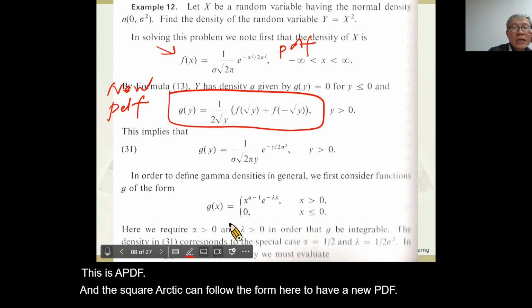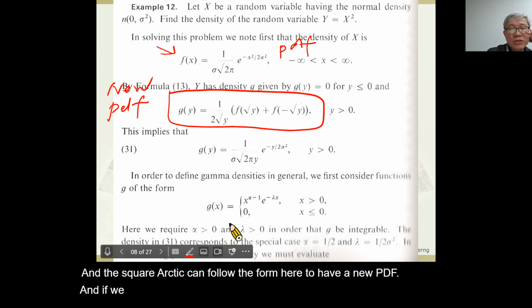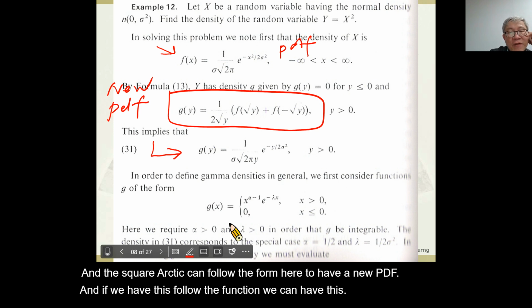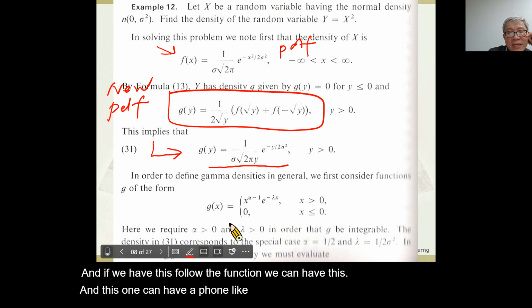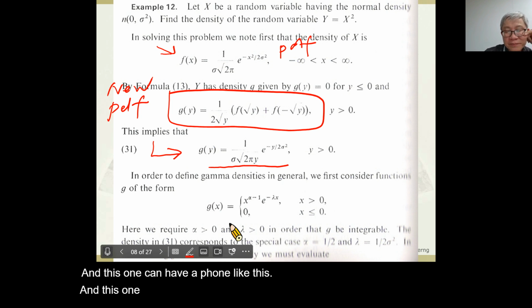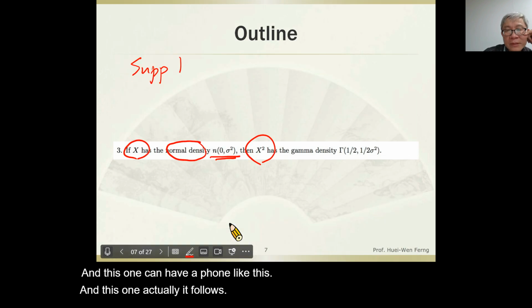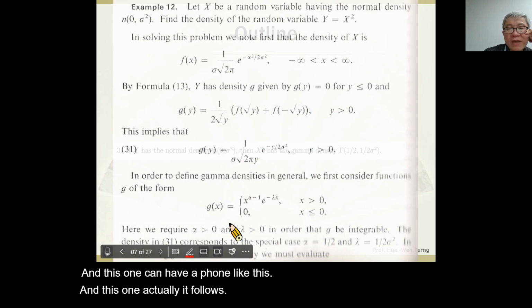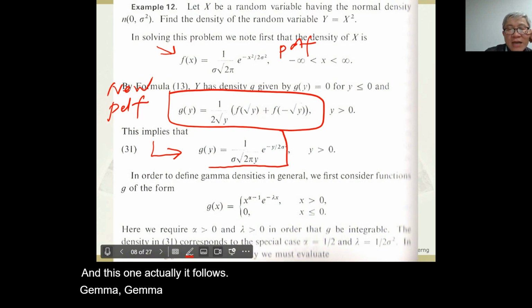If we follow the function, we can have a form like this. And this one actually follows a gamma random variable.